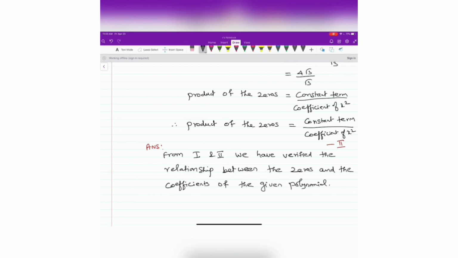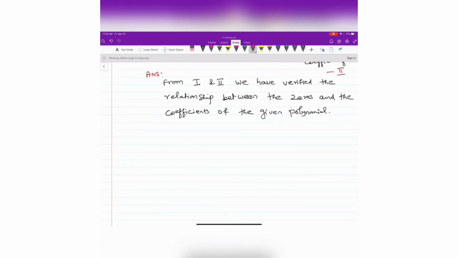Okay. Finally, you have to write your answer, wherein you have to write the answer for both the parts. So, answer the first part: the zeros of the given quadratic polynomial are 2 root 3 and 2 by root 3.